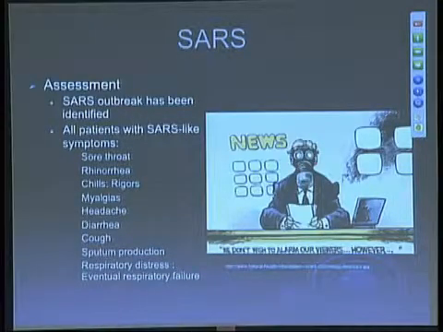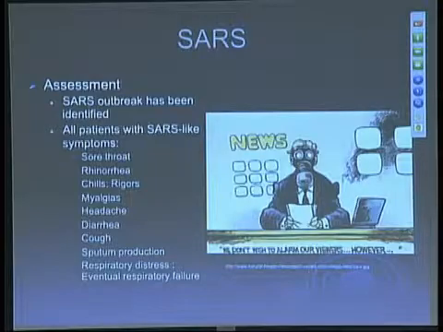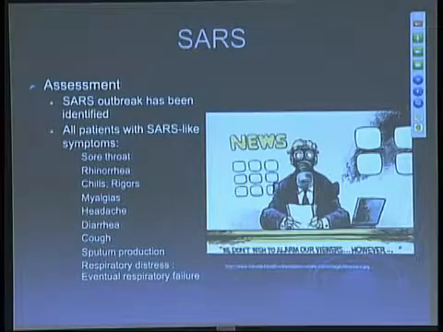All patients with SARS-like symptoms then, once you identify the outbreak, you say, okay, this person is high risk if they have sore throat, rhinorrhea, chills, rigors, myalgia, headache, diarrhea, cough, productive sputum, respiratory, in other words, they seem to have a severe cold or flu, and you think there's a SARS epidemic or outbreak going on.